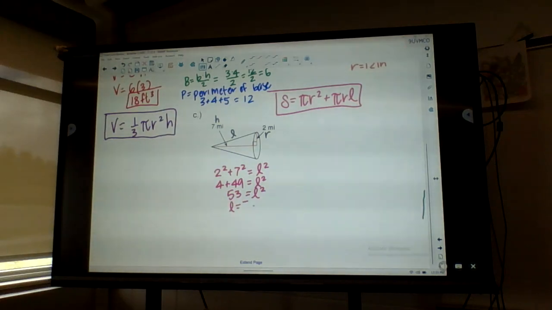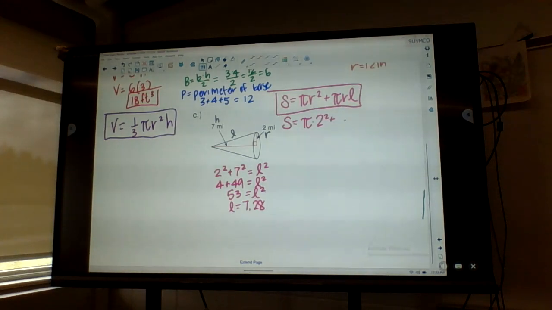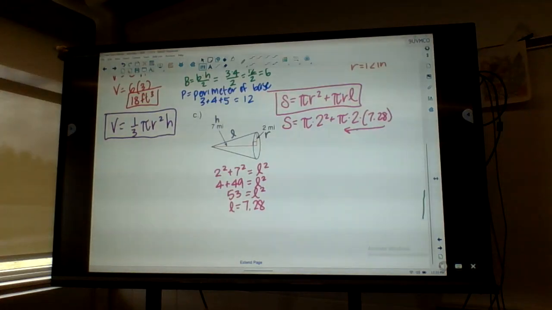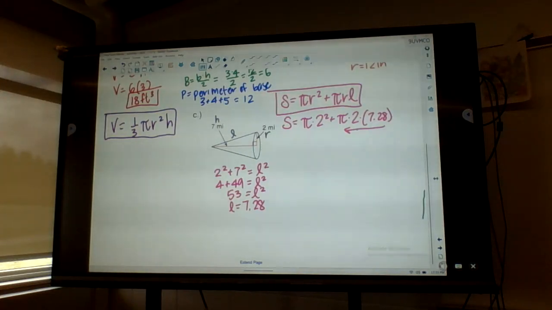I get L is about 7.28-ish. Again, the more accurate I can be with that, the better off we'll be in terms of our answer. If I can use that exact value, I will. So when I go to put this in, I'm going to work my way kind of this way so that I can leave that long answer in my calculator. We've talked about trying to be more exact. And then adding it to the rest of it.